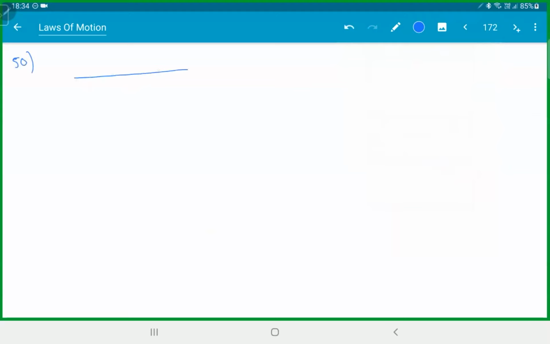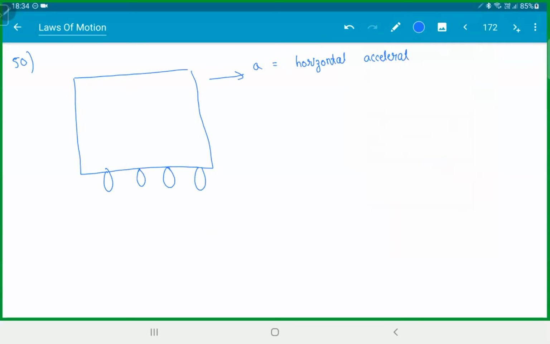Now try this question. We have a vehicle which is going with acceleration A. Horizontal acceleration of the vehicle. Inside the vehicle, you have a pendulum, which is making an angle theta.